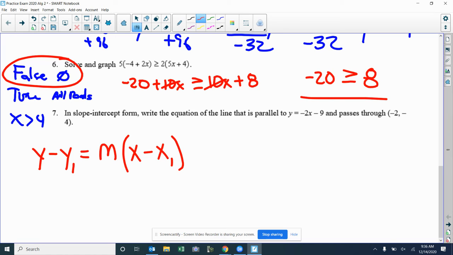Another thing you might want to jot down, okay, if it's parallel, parallel lines have the same slope. Perpendicular lines would be the opposite reciprocal of the slope. I abbreviated all those things there. Parallel is the same slope. Perpendicular is opposite reciprocal.